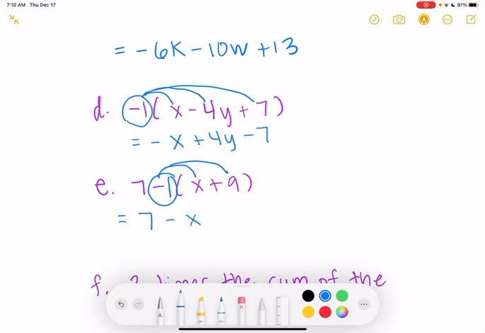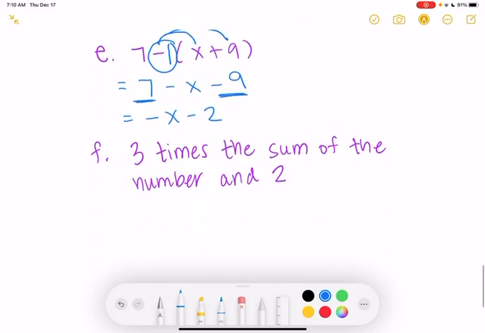That negative 1 times a positive 9 would have a negative 9. So now let me combine my numbers here. So I've got the 7 and a negative 9 is what? That's a negative 2, right? So let me put the variable first, negative x, and then that negative 2. So negative x minus 2.